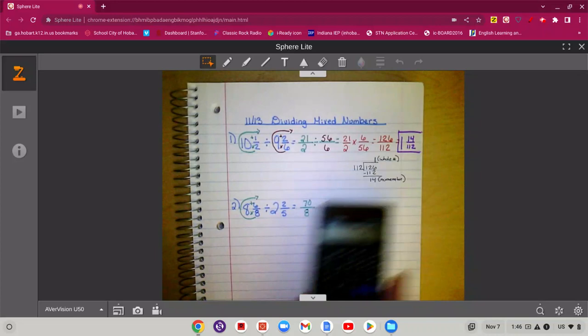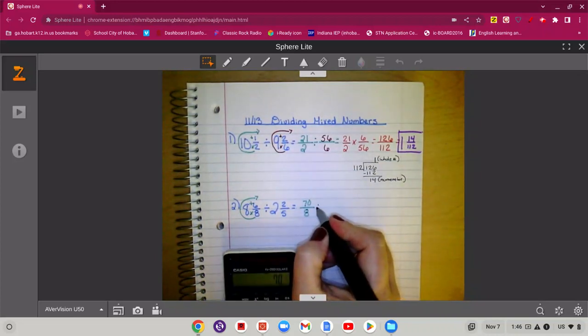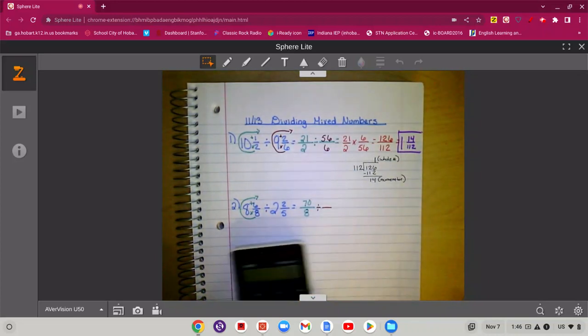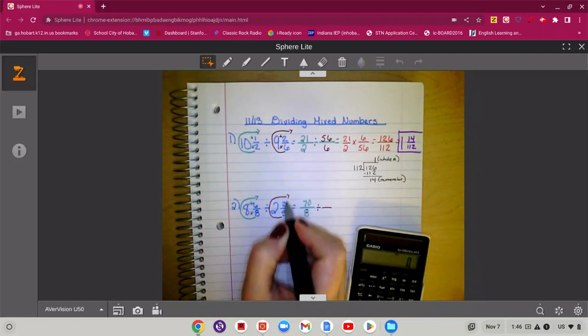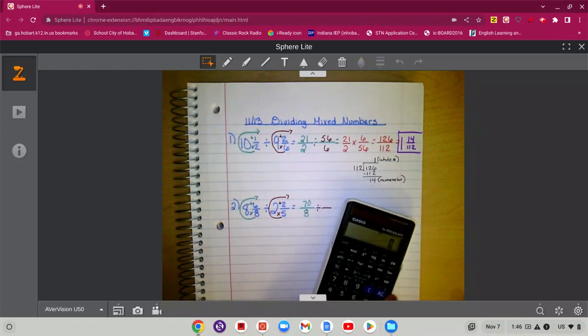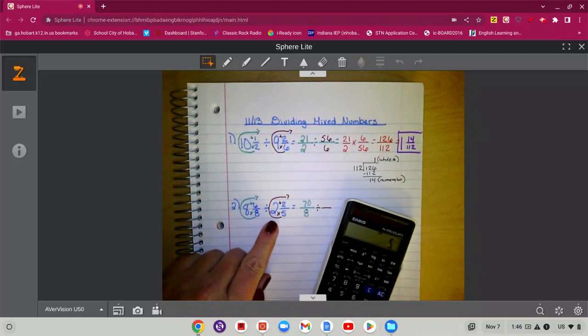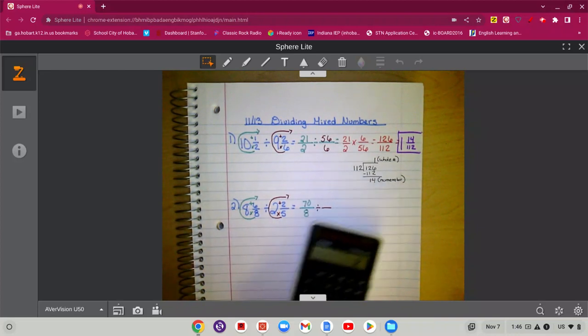Okay, still division. So I need my second fraction. Start with my denominator, multiply, and add. So we're going to take 5 times 2 plus 2 to get 12.